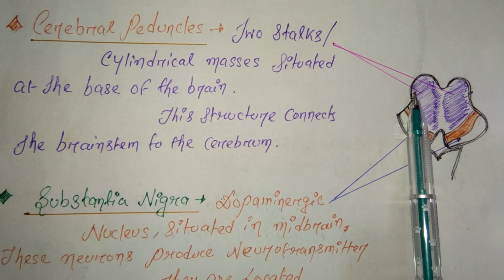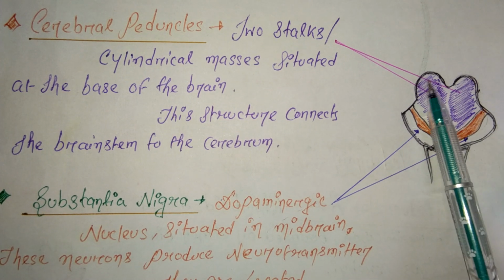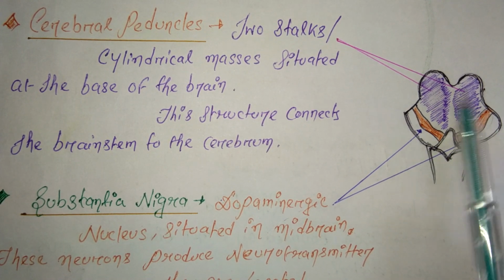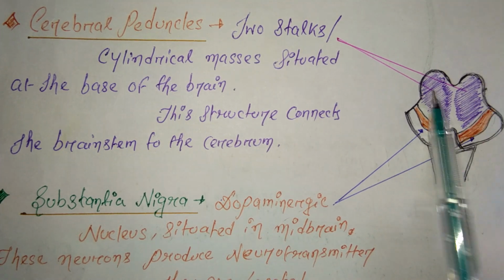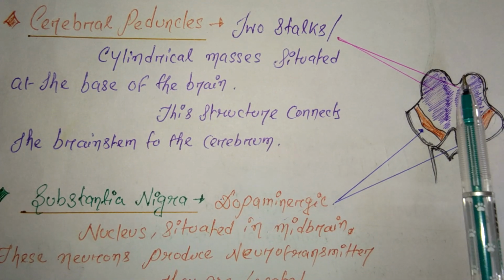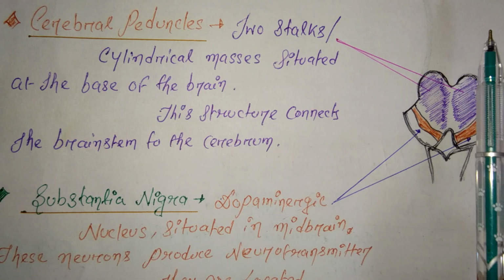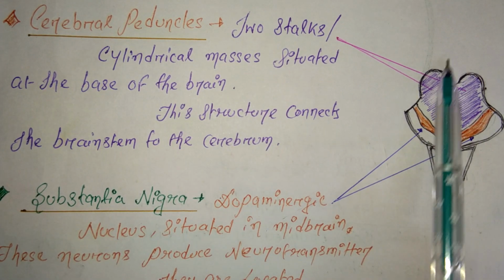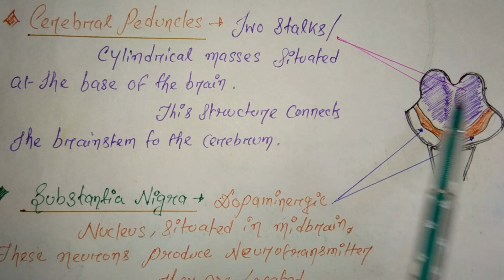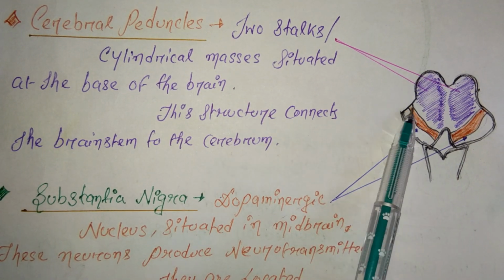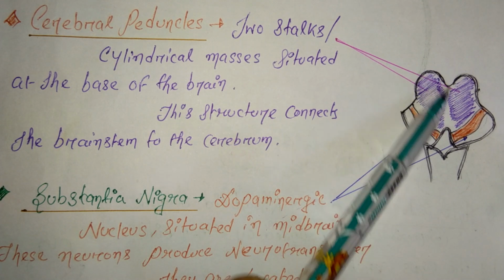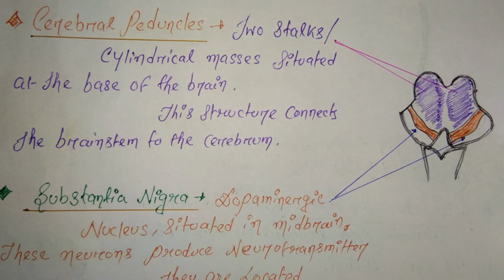Above we have the cerebrum, so the brainstem is connected with the cerebrum with the help of this whole portion.